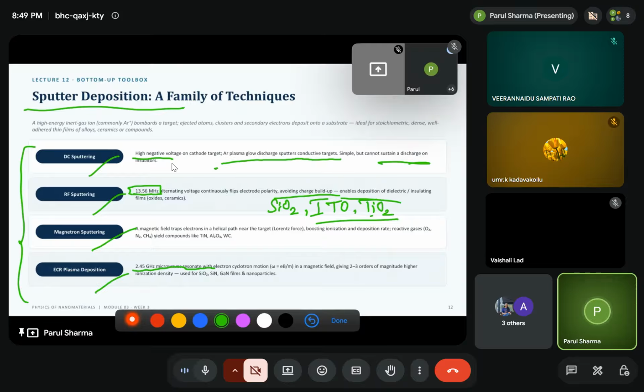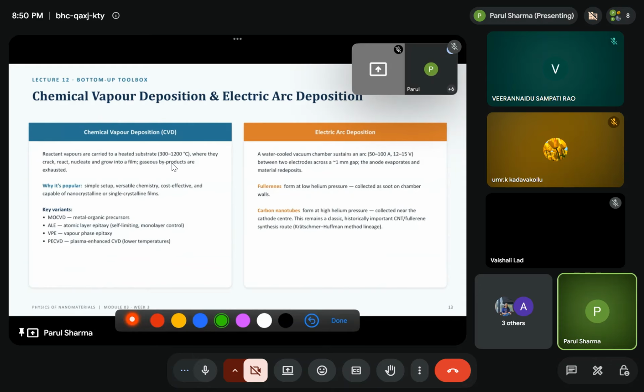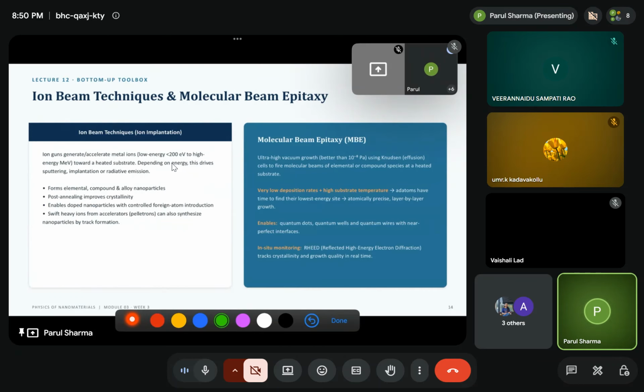It gives 2-3 orders of magnitude higher ionization density and is used for deposition of SiO2, silicon nitride, and gallium nitride films. So we have already discussed CVD and electric arc deposition.